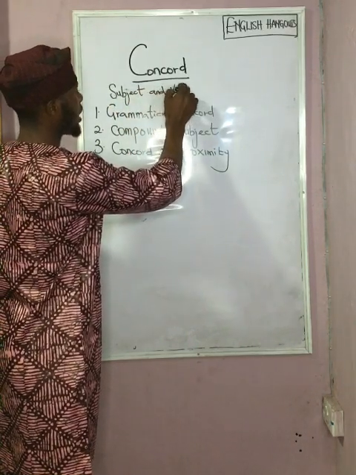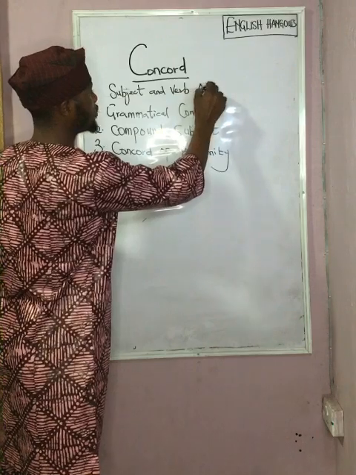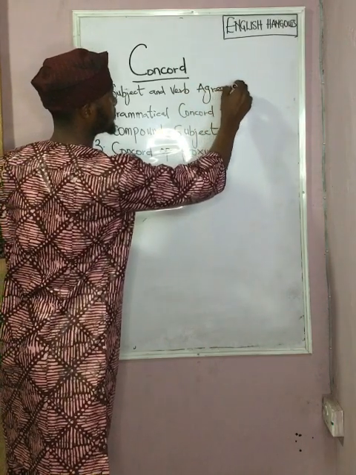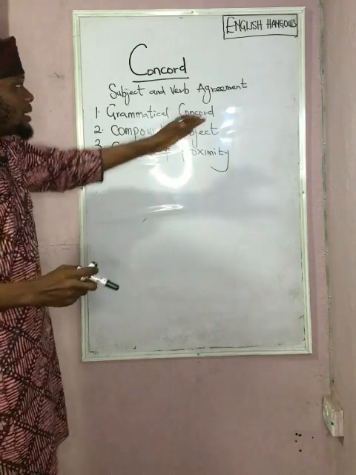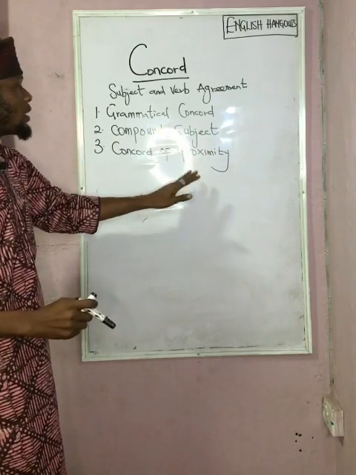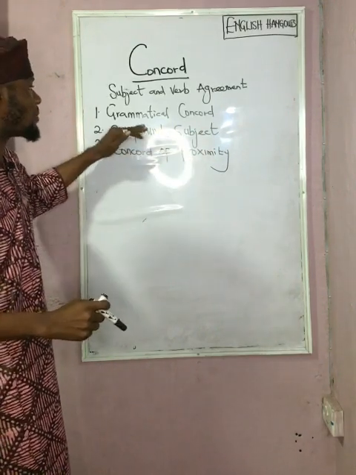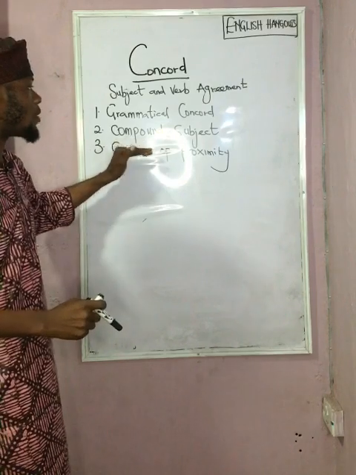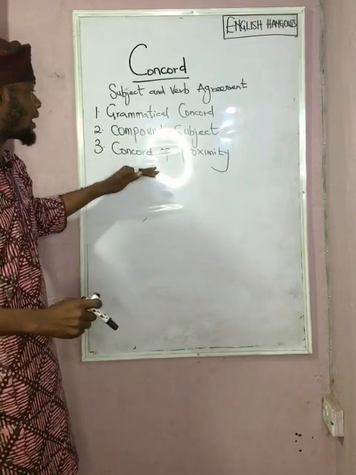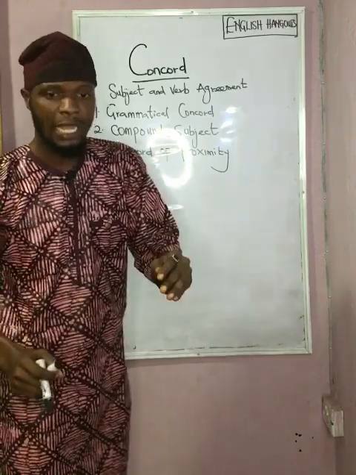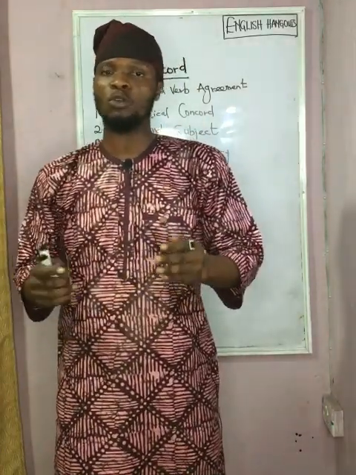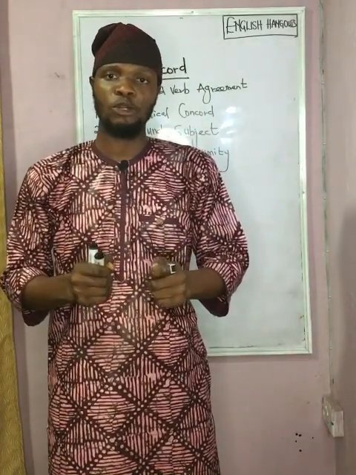Subject and verb agreements. So this subject and verb agreement is subdivided into three components, which are grammatical concord, compound subjects, as well as concord of proximity. Just like I said earlier, English is a language governed by rules.